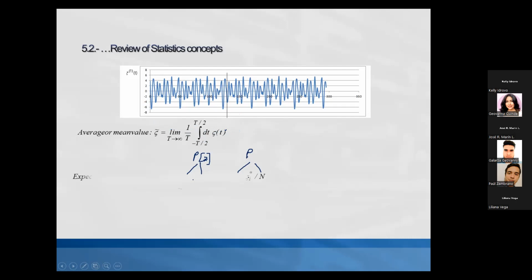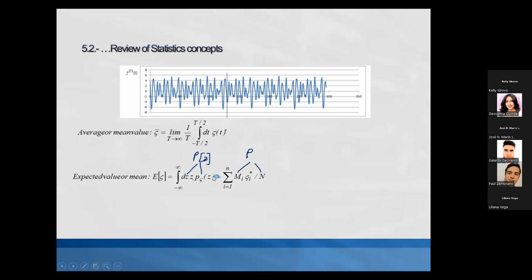Now, usually we do not have this zeta as a function of time. What we could have is the probability density function. If we know this, we can apply this formula to calculate the mean value. So this expected value is a good measure of this.